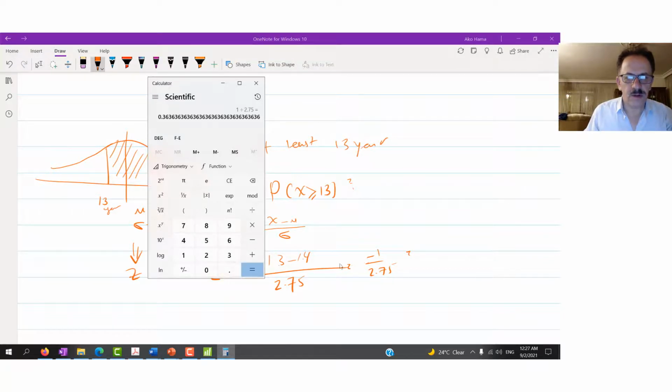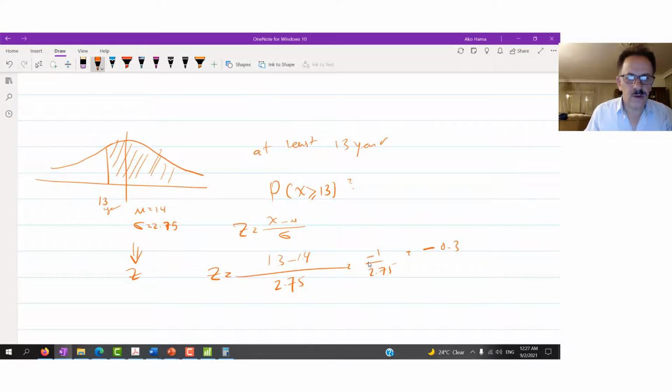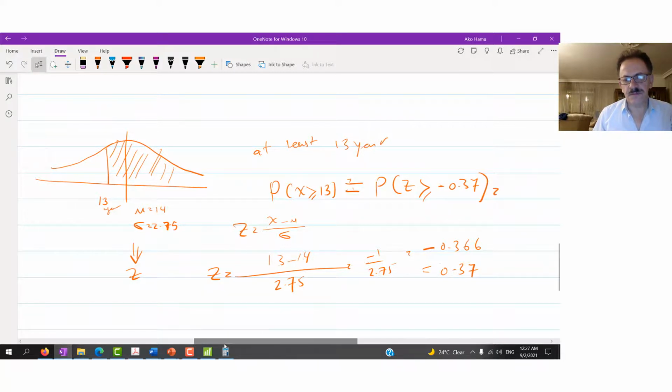1 divided by 2.75, so it's equal to 0.36, minus 0.366 or 0.37. So what should I do? I will say the probability when x is greater than 13 is equal to the probability when z is greater than minus 0.37.